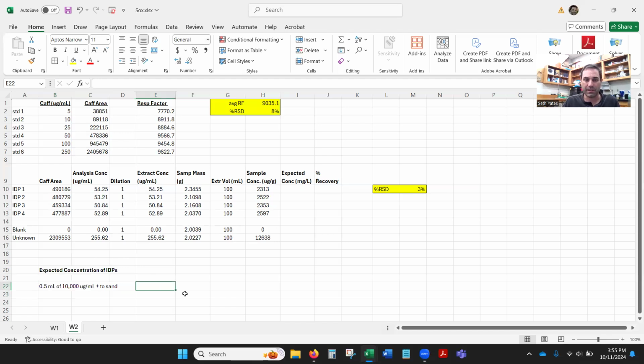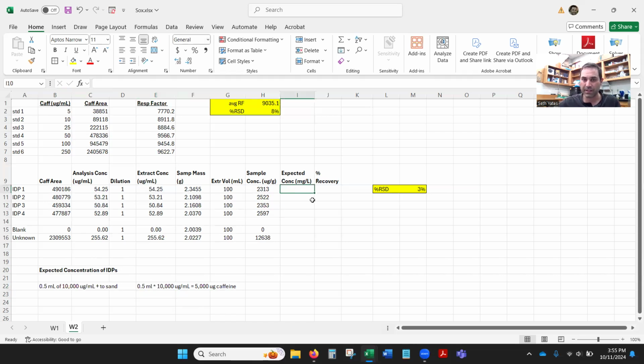It should just be 0.5 milliliters times 10,000 micrograms per milliliter. And that's going to give us an answer of half of 10,000, which is 5,000 micrograms of caffeine. We added 5,000 micrograms of caffeine to each of those soil samples.